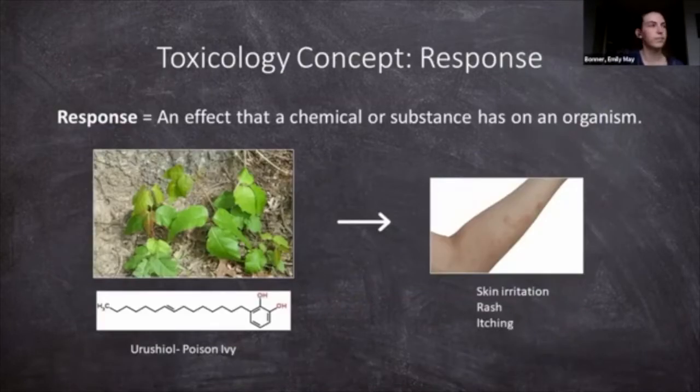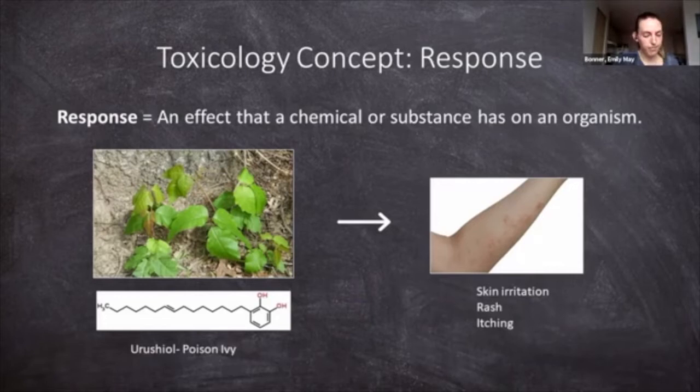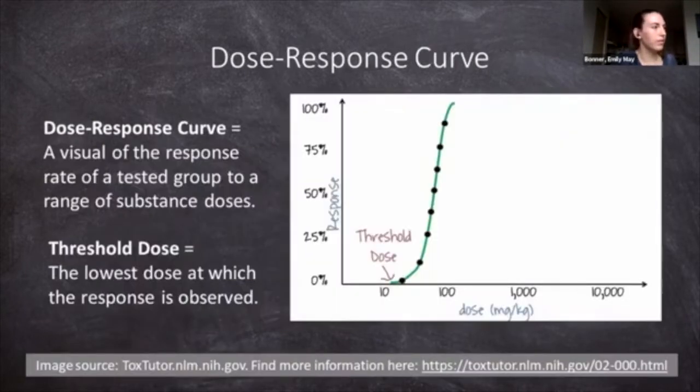The effect that a chemical or substance has on an organism is called the response. For example, after being exposed to poison ivy, our response may be an itchy rash on our skin. To investigate how harmful a substance is and to compare the toxicity of numerous substances, toxicologists use a tool called a dose-response curve.